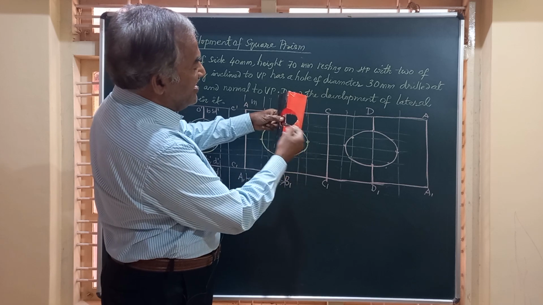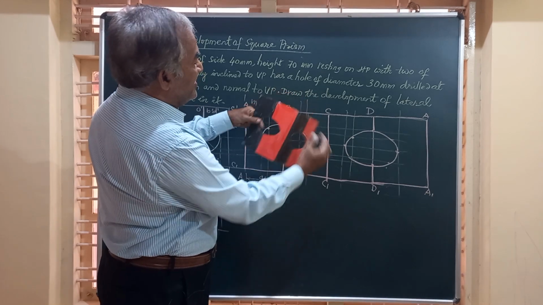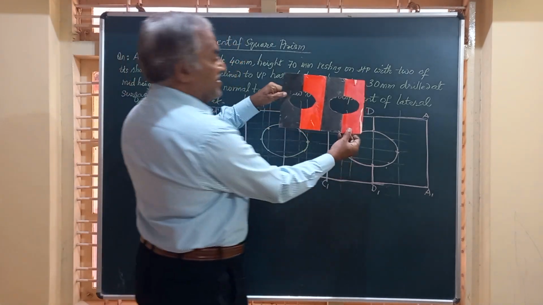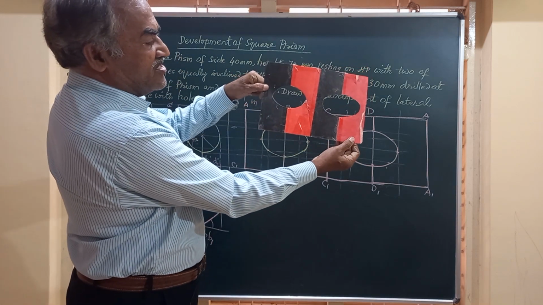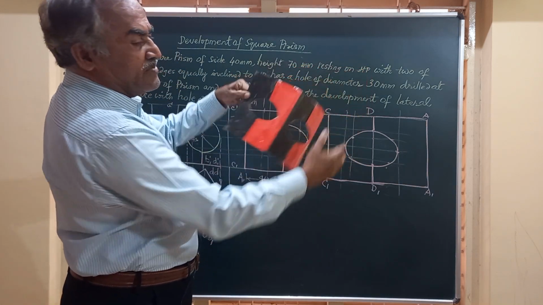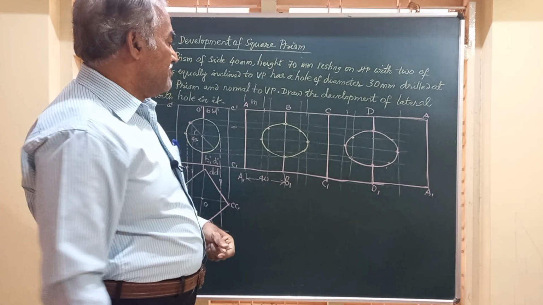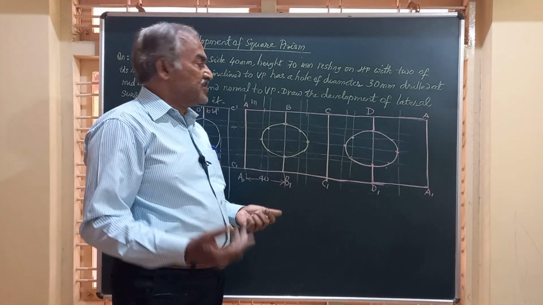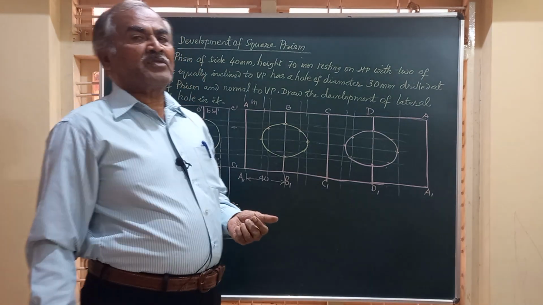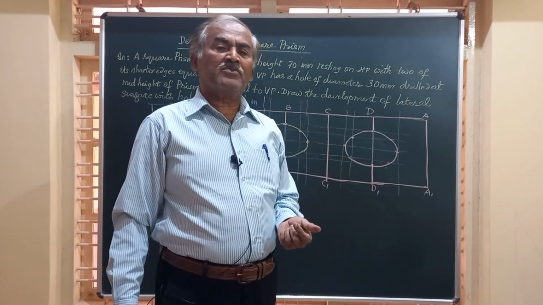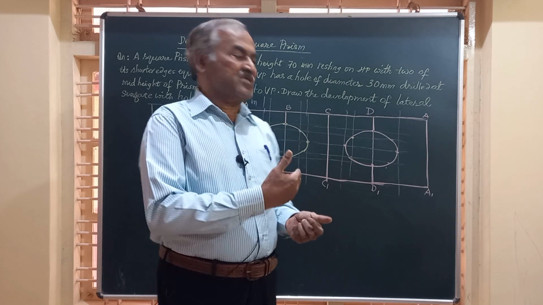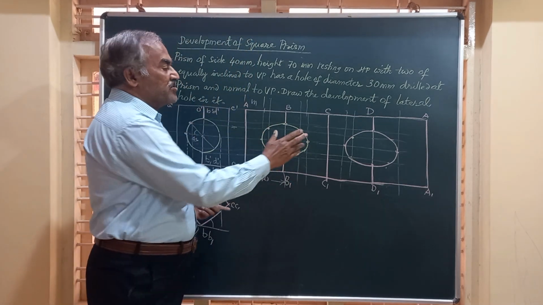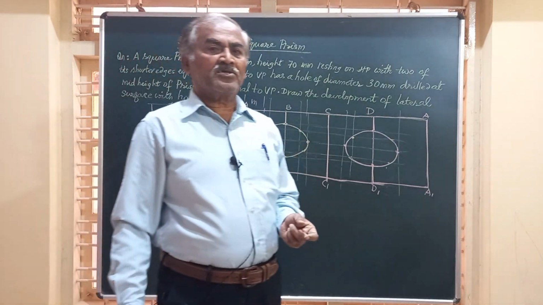So this is the whole drill, and when you cut it open and spread it, you are going to get two ellipses symmetrically. These two ellipses will have the same dimension. Friends, similarly, you can think over a hexagonal prism. When it is positioned like this in the same way, you are going to get two ellipses.